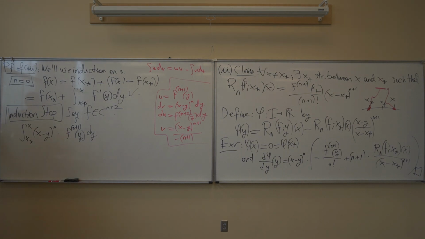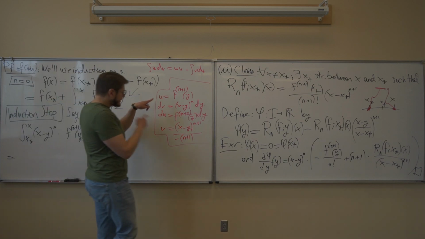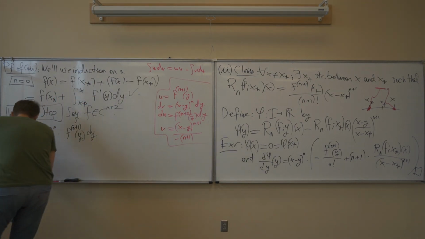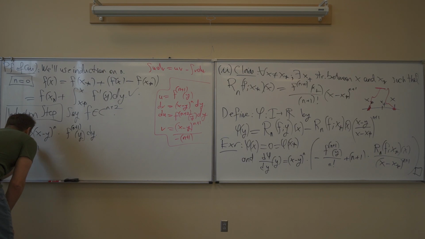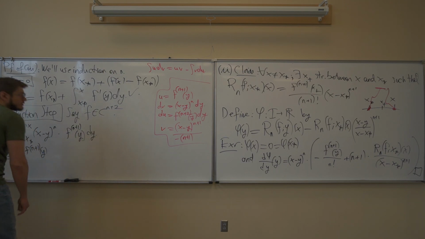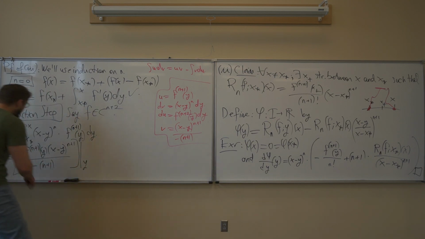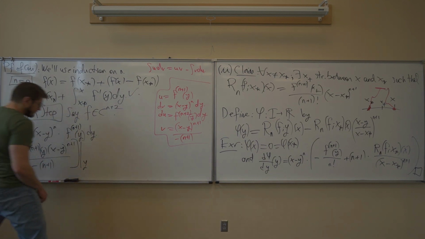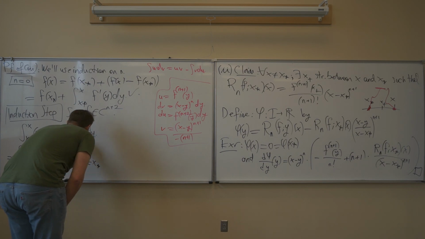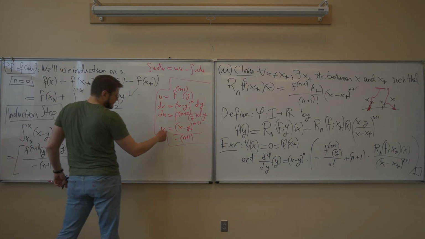And so writing this out gives us the following. u times v is the (n+1)th derivative of f evaluated at y times this, divided by minus (n plus 1), where y is evaluated at x star and x, minus the integral of v du.